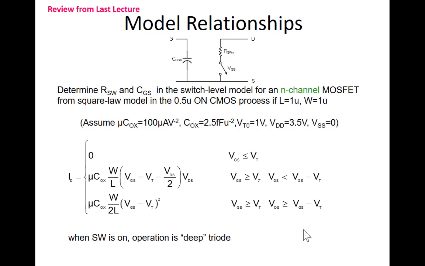So in deep triode, the relationship between the drain current and the drain to source voltage is: the drain current is equal to mu Cox W over L times (VGS minus VT) times VDS. And this quantity here is the reciprocal of the resistance. Okay?